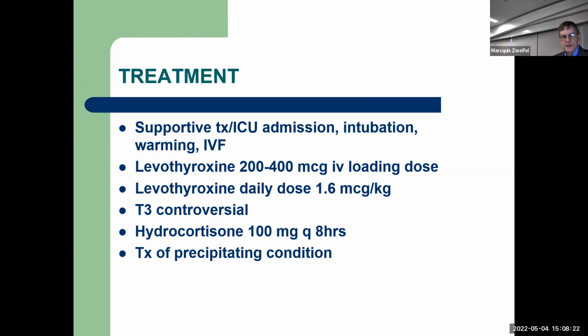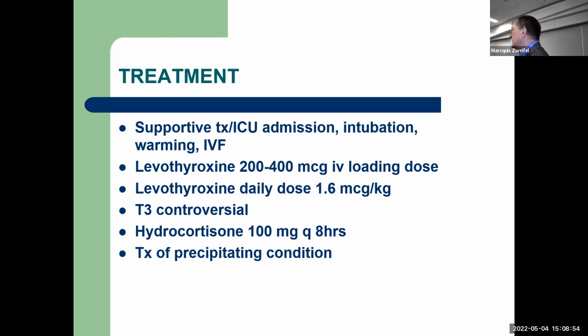T3 is a little controversial. If they're really severe, like this one was pointed out, I would tell you, try and give the T3. Here's the problem. The hospitals don't use it very much. It's not always in stock. It takes sometimes 3 days to get it. So if you have somebody like this and you want to give T3, call the pharmacy and ask.